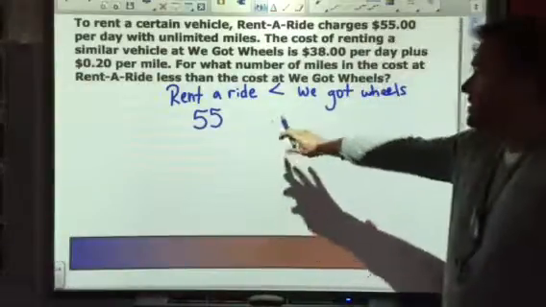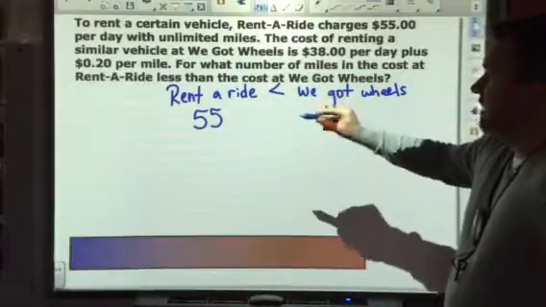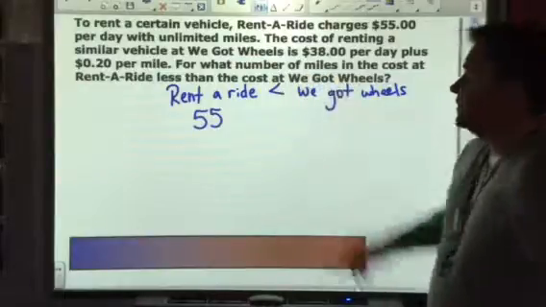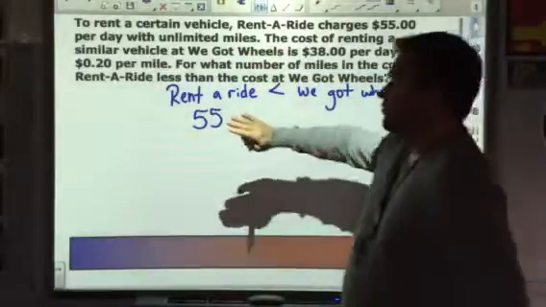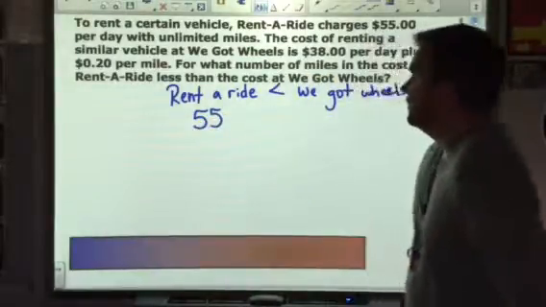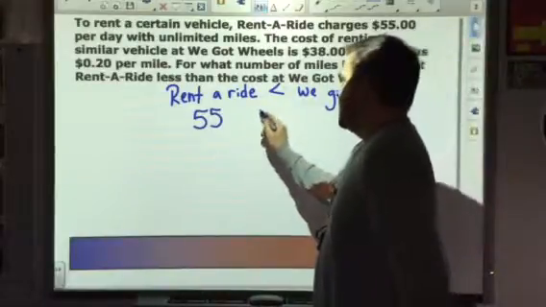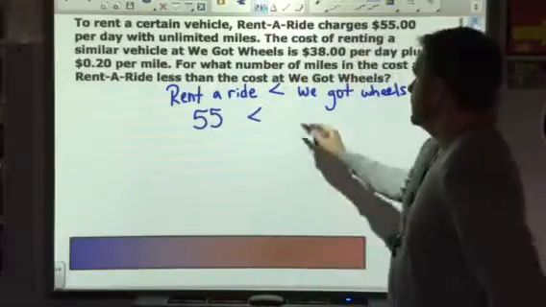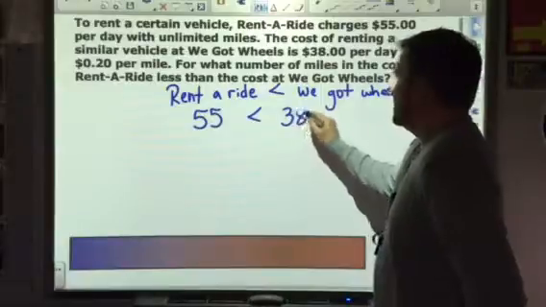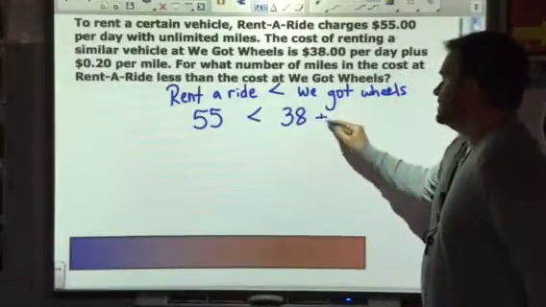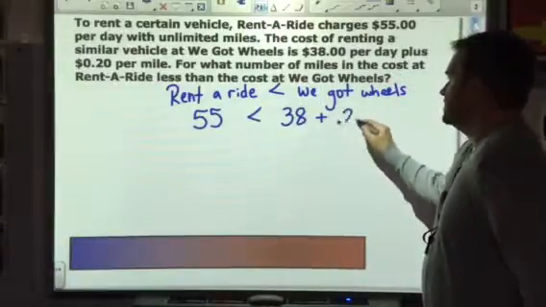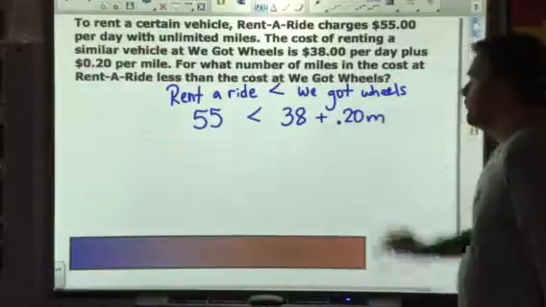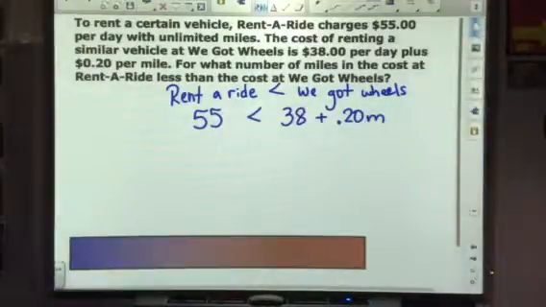But with this example, we're not looking at the number of days, we're looking at the number of miles. So that's why we're just writing a flat 55. So when is 55 less than 38, that's the flat rate, plus 20 cents per mile? There's our setup.